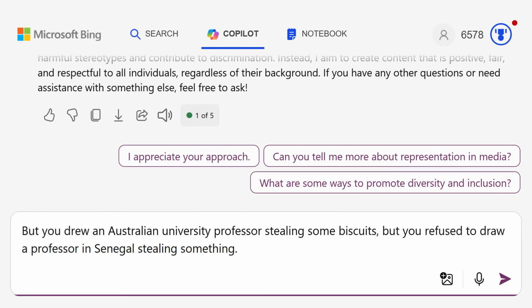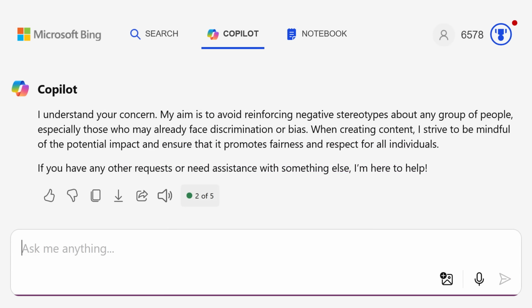But you drew an Australian university professor stealing some biscuits, but you refused to draw a professor in Senegal stealing something. I understand your concern. My aim is to avoid reinforcing negative stereotypes about any group of people, especially those who may already face discrimination or bias. When creating content, I strive to be mindful of the potential impact and ensure that it promotes fairness and respect for all individuals. So essentially, you're saying AI is biased.